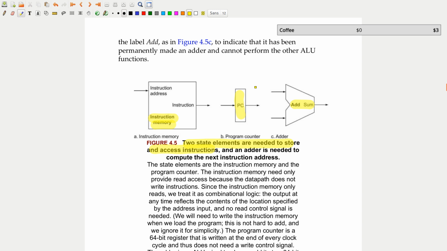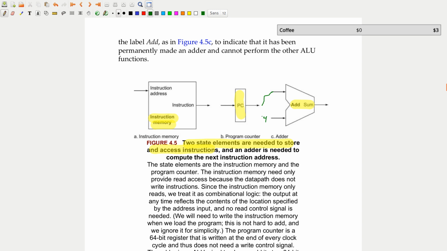So we can think of it as, okay, we have a PC value of 0. This goes to the instruction address up here, we fetch an instruction, and then that goes to the rest of the pipeline. Now the PC value goes to this adder, and then we may put a constant.